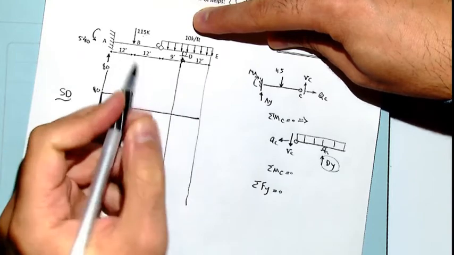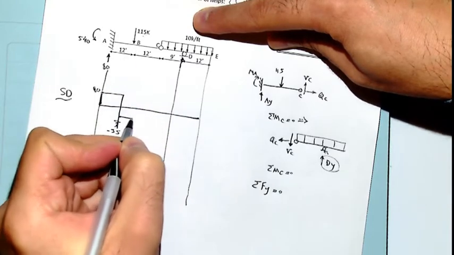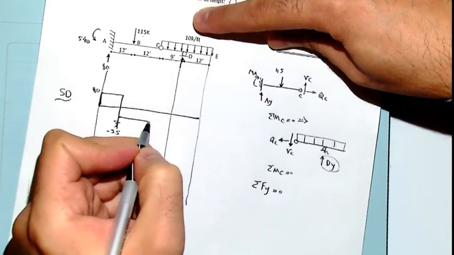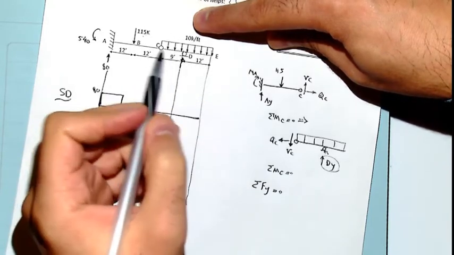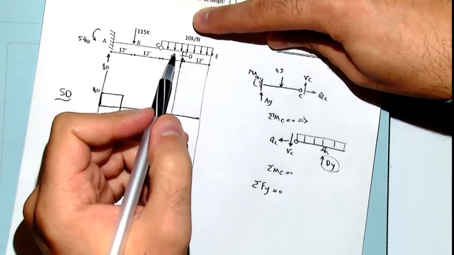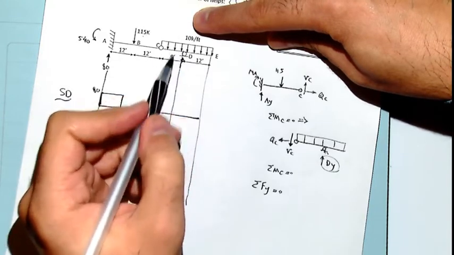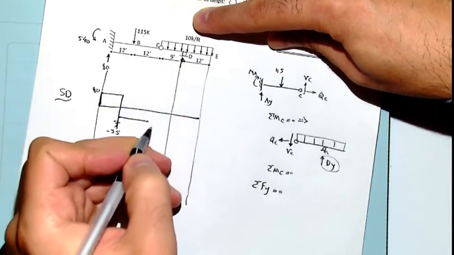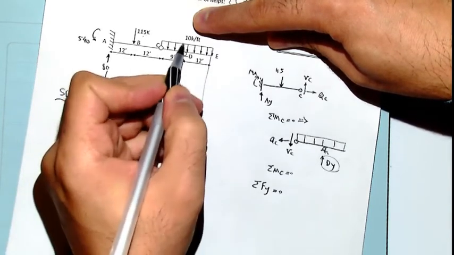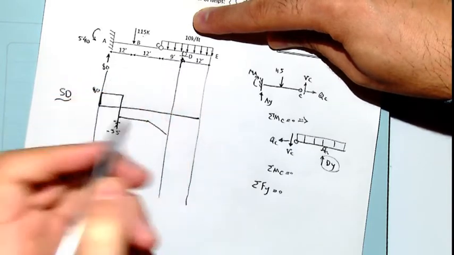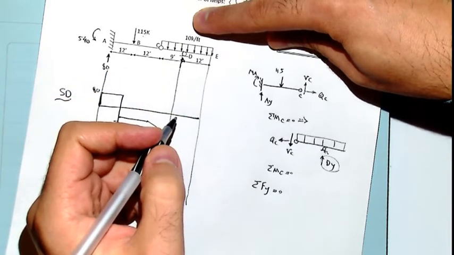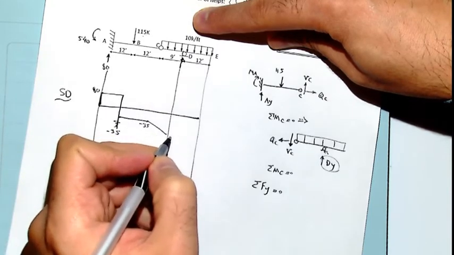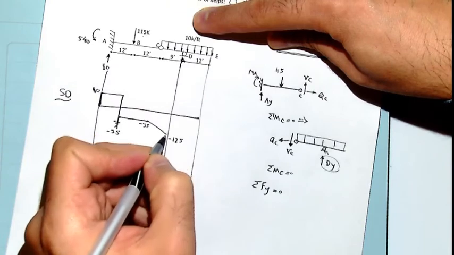From here, there is no load between B and C, I keep continuing to reach point C, and after that we have a concentrated load to reach point D. Because it's downward, it should be linear. How much? 10 multiplied by 9, which would be 90, and we add 90 to minus 35 is here, and minus 125 is here.